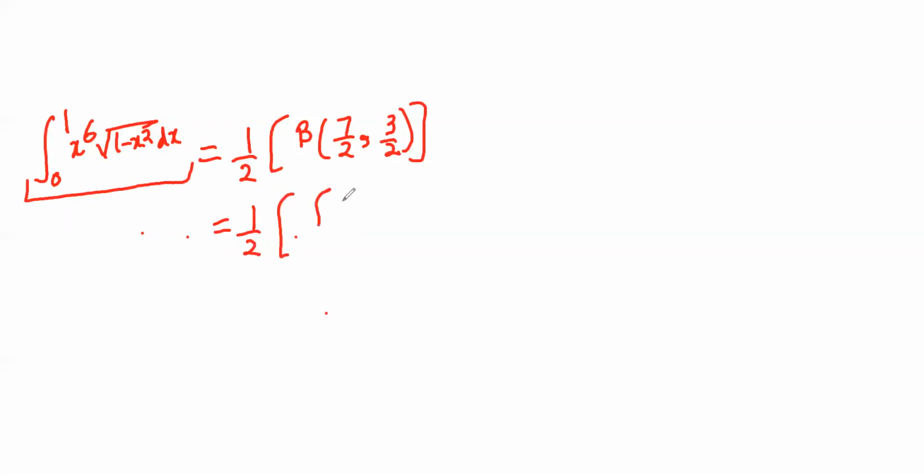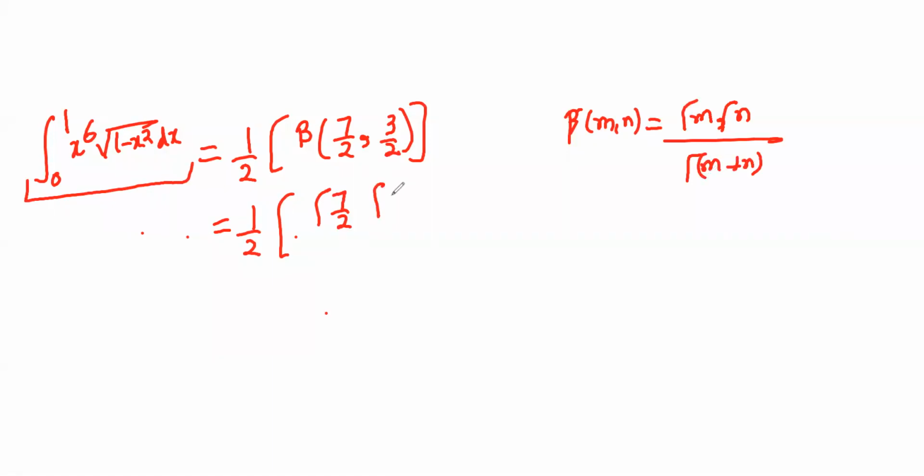So this is gamma 7 by 2. As we know, beta m comma n is gamma m into gamma n upon gamma m plus n. So this is gamma 7 by 2, gamma 3 by 2, upon gamma 7 by 2 plus 3 by 2. Okay, so solve it and let me know the answer. So this is 1 by 2.